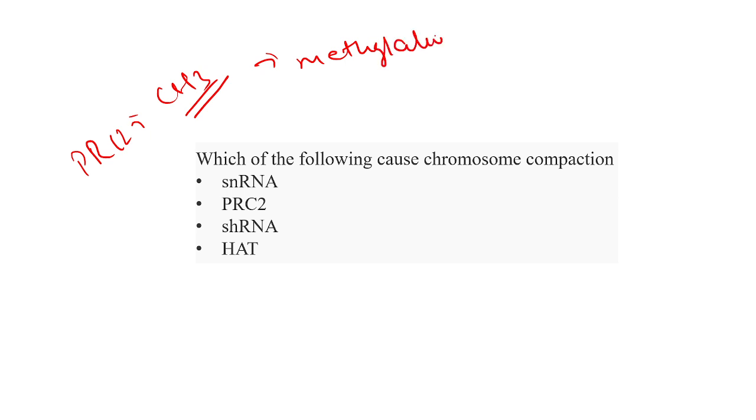And since it causes the methylation, it leads to chromosome compaction, and therefore it is involved in epigenetic regulation and developmental gene regulation. So it is also involved in epigenetic regulation.